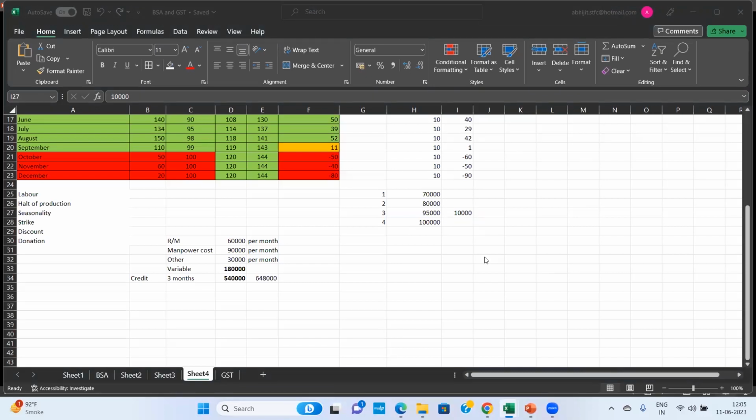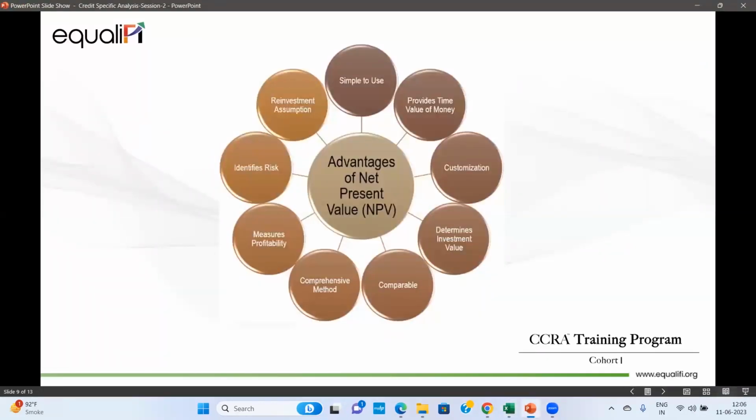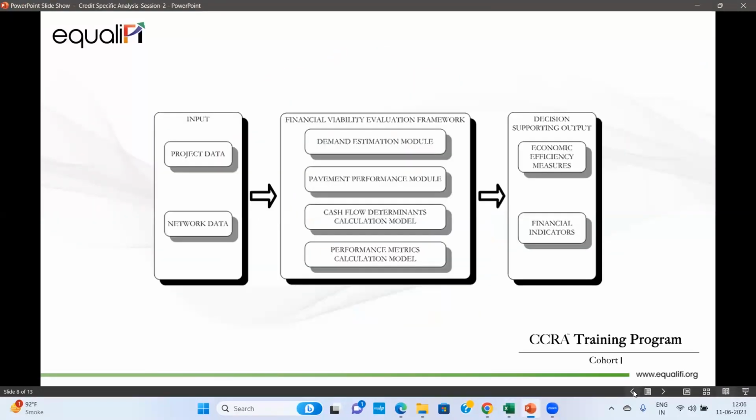IRR formula I will explain. Okay, sure, definitely. I will explain this formula. Let me check if I can quickly have a board download where I can type on.